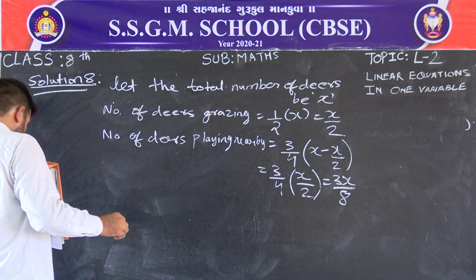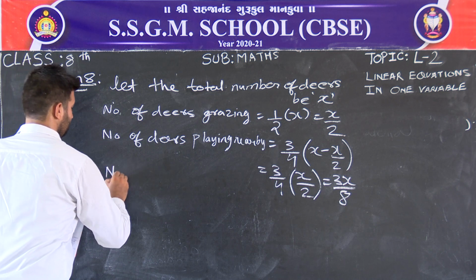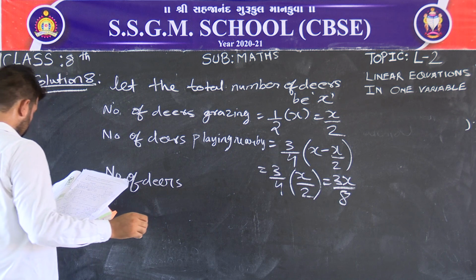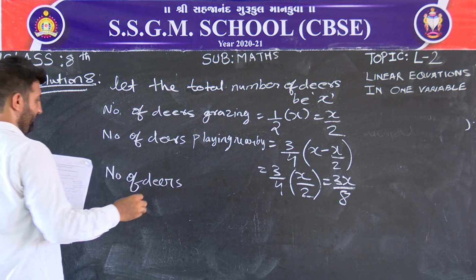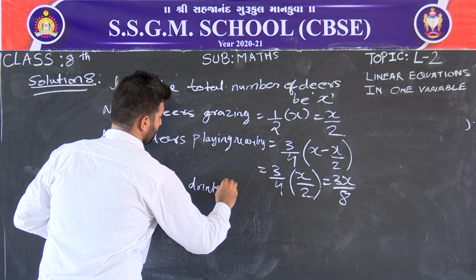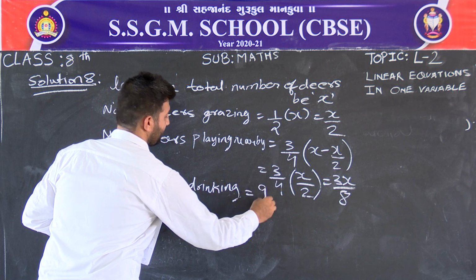Now the number of deers drinking is equal to 9.